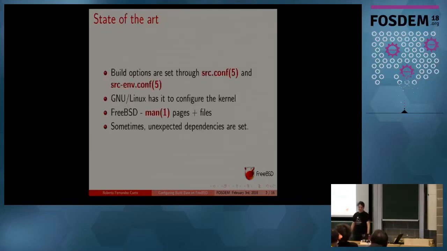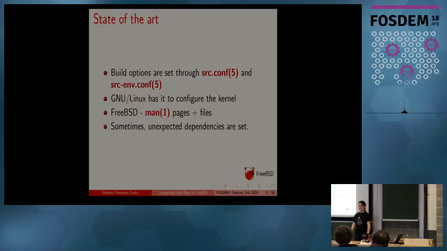So, where are we right now? Right now on FreeBSD we have build options for the source tree that are set through these two files, source.conf and sourceenv.conf, which are a pain. Because you have to read man pages, there are a lot of things, and sometimes there are unexpected dependencies that set themselves when you don't want them.